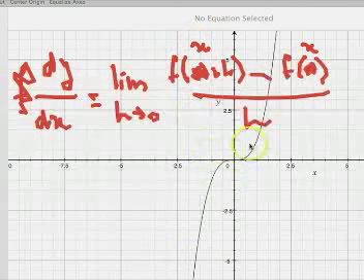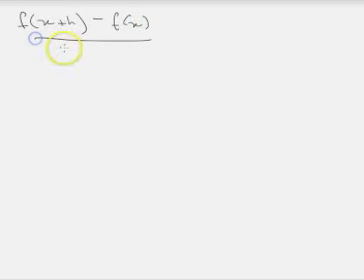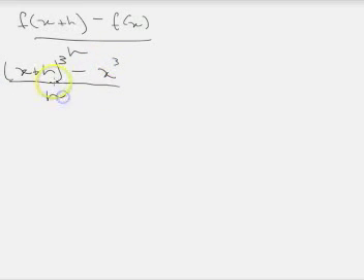So let's try to find this for the curve y equals x cubed. We can do that right here. So we've got our definition of the derivative of a whole function, the limit as h approaches 0, f of x plus h minus f of x over h, and we will apply this to our function, which is x cubed, so that's going to be x plus h cubed minus x cubed over h.